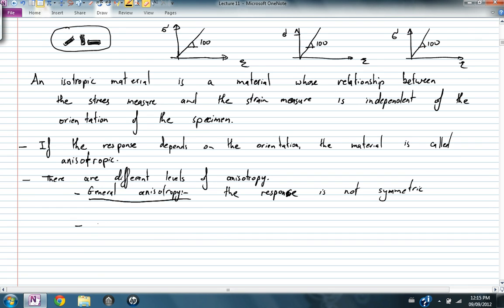There are materials that have three axes of symmetry, and we call these orthotropic materials.